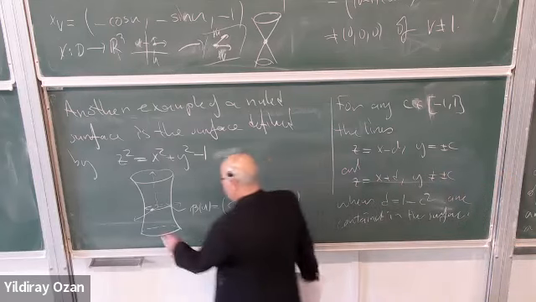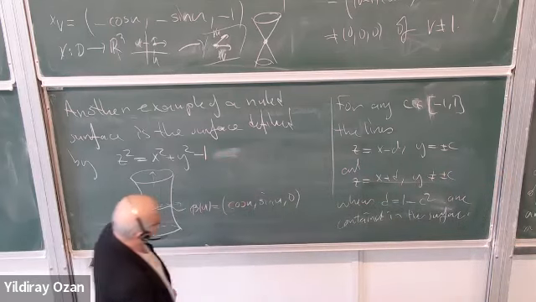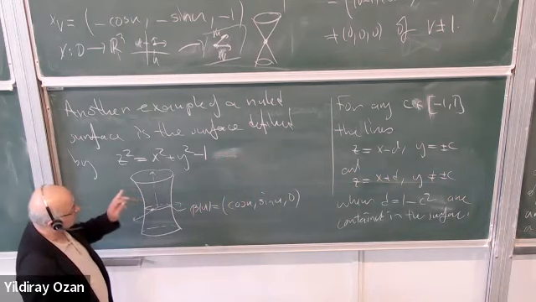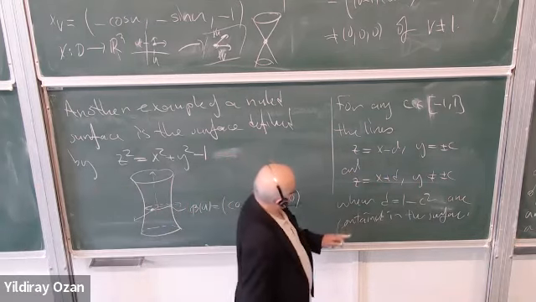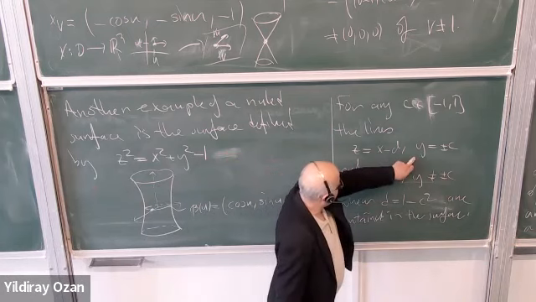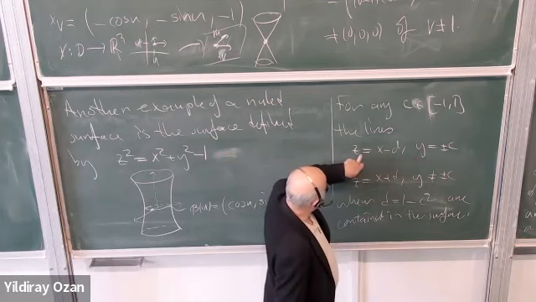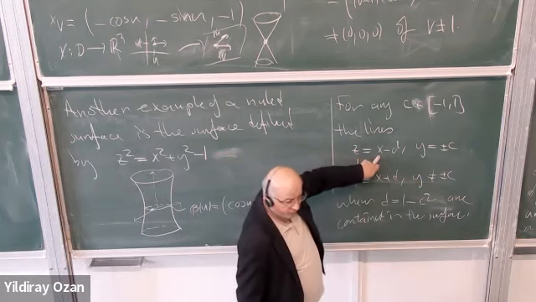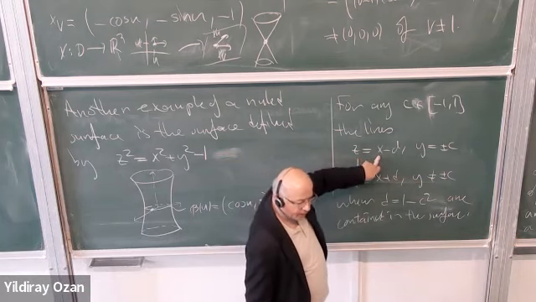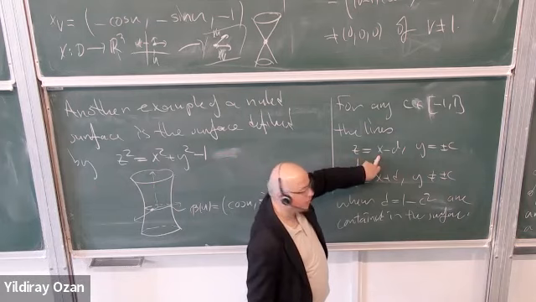One set of lines are like this: y equals c and z equals x minus d. So this is a plane in 3 space.